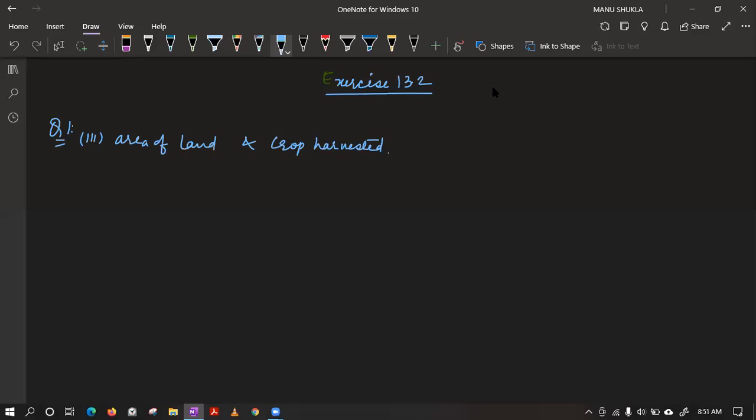Class, please tell, if you have two quantities, area of land and crop harvested, is this an inverse relation? No, because if you increase the area of land, obviously the crop harvested will increase. So we can say this is not an inverse relation.